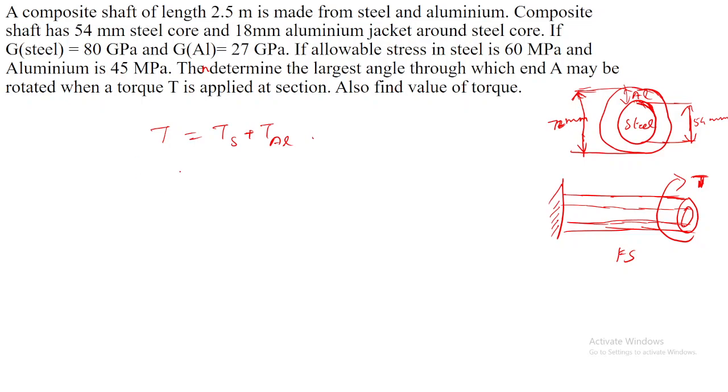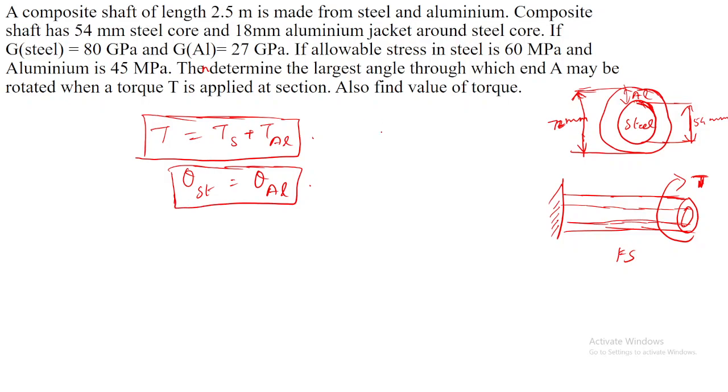And what is the compatibility condition with respect to angle of twist? Same angle of twist. So theta steel must be equal to theta aluminum. This is how you will solve the problem of shafts in parallel.